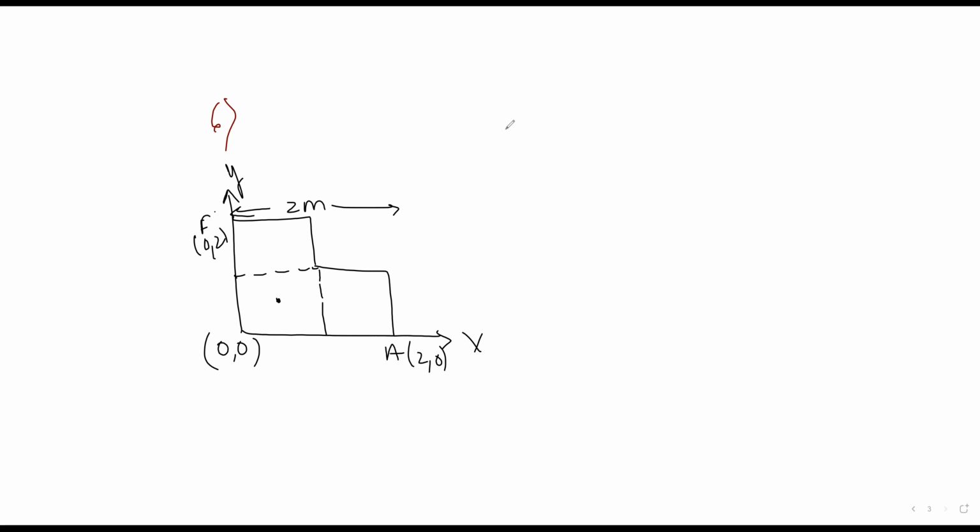And this is the D point, coordinates are 1, 1. And this is the B point, coordinates are 2, 1. And this is 1 meter. And this is the E point, coordinates are 1, 2.